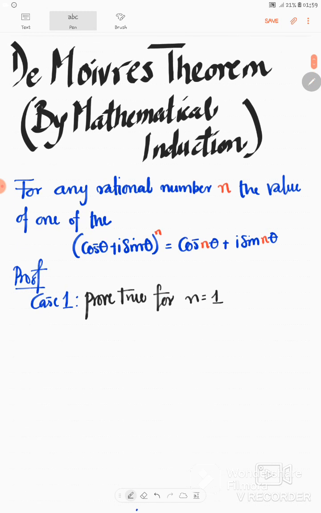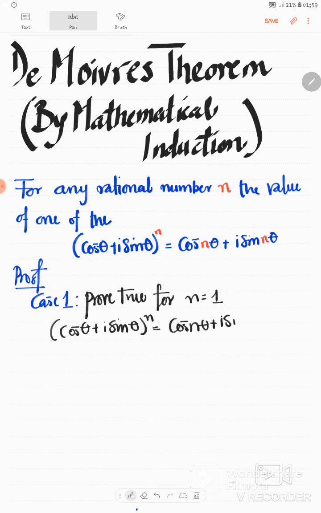Now let's write our equation. That is, we want to prove this: (cos theta plus i sin theta) raised to power n equals cos n theta plus i sin n theta.